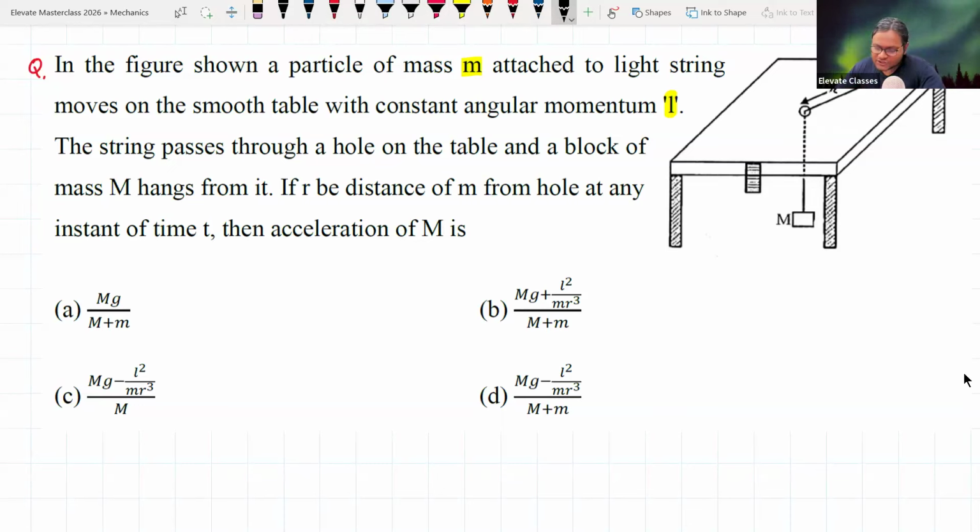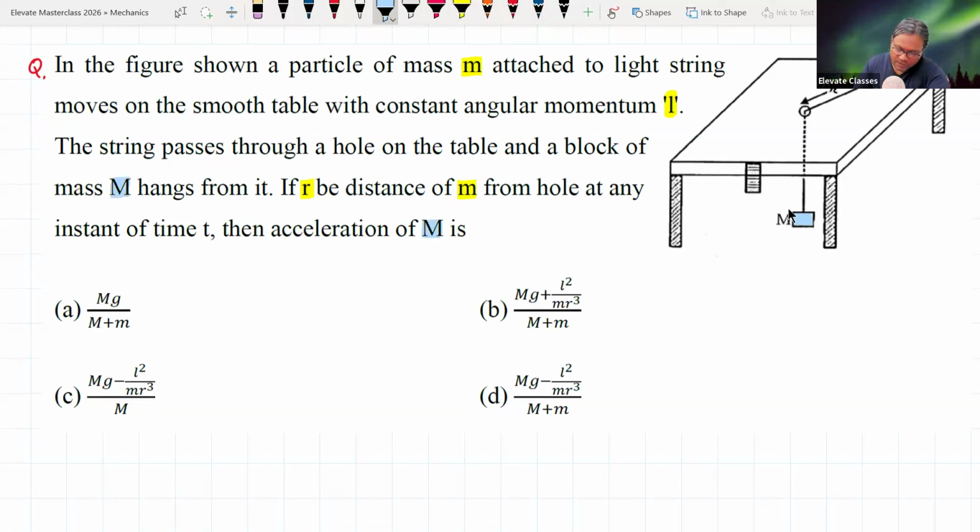The string passes through a hole on the table and a block of capital mass M hangs on it. If r is the distance of small m from the hole at any instant of time t, then what is the acceleration of the capital mass M?